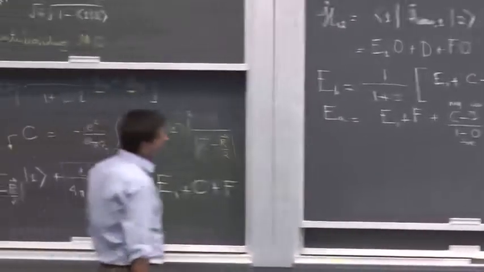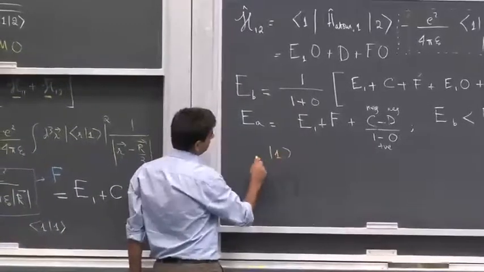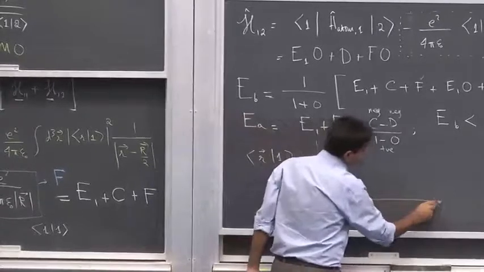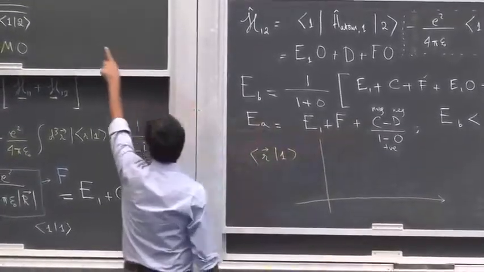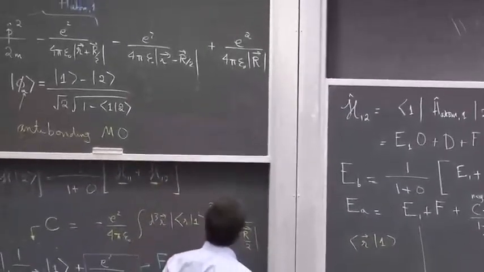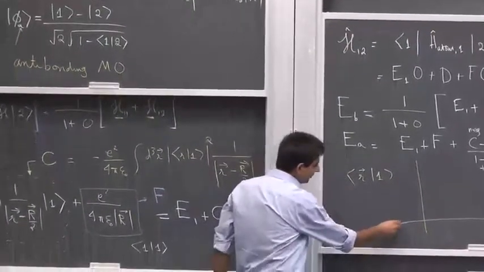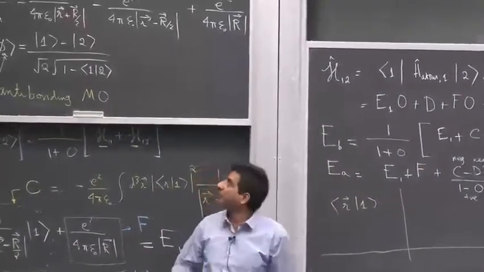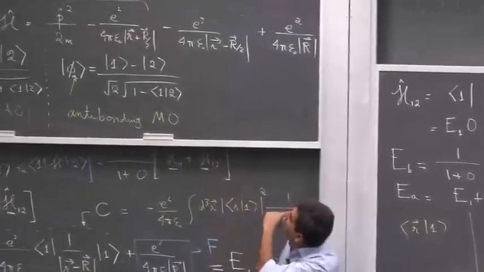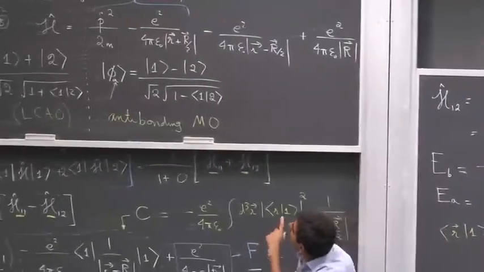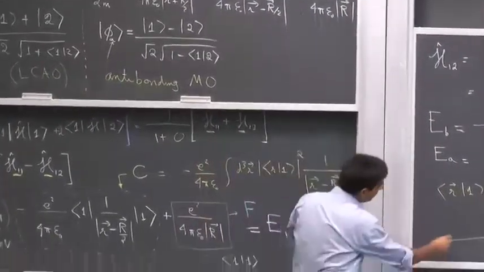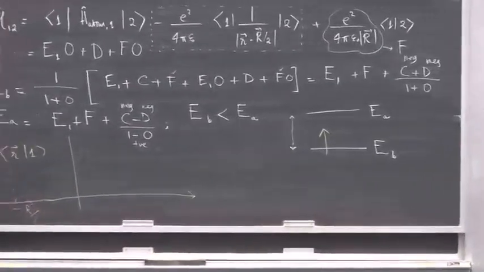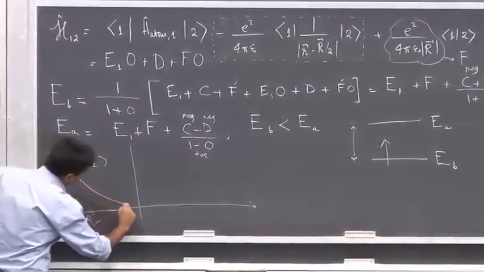Now if you just plot ket 1 in the position space, ket 1 in the position space is just the 1s orbital, which peaks at minus R by 2. If you plot the function over here, it just decays exponentially, like this.